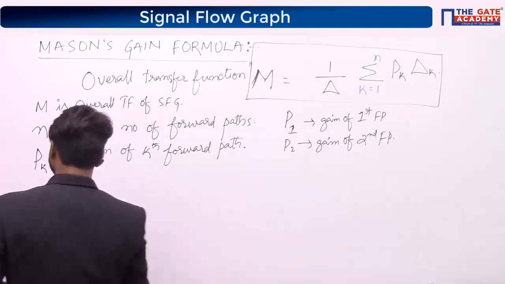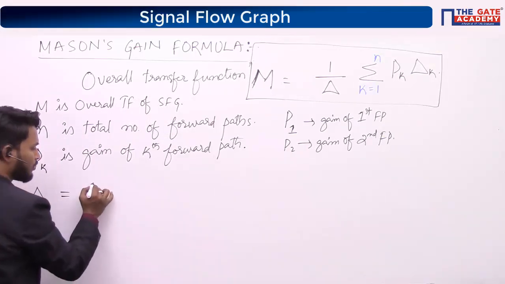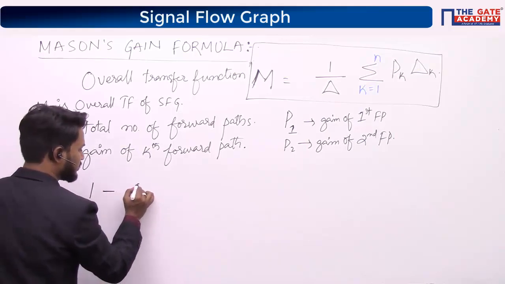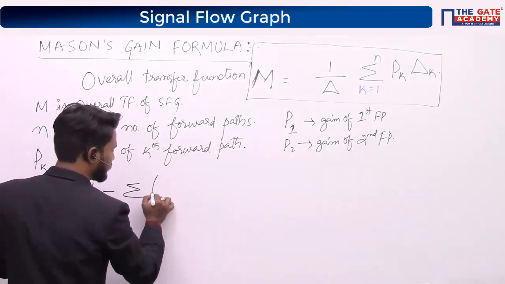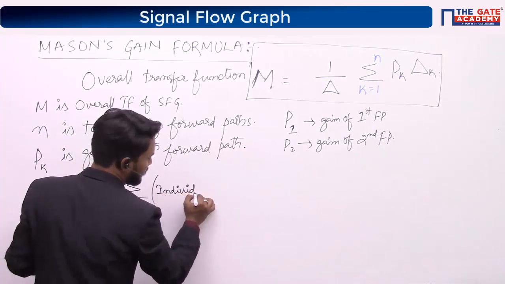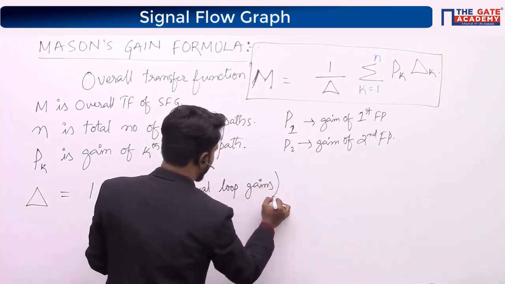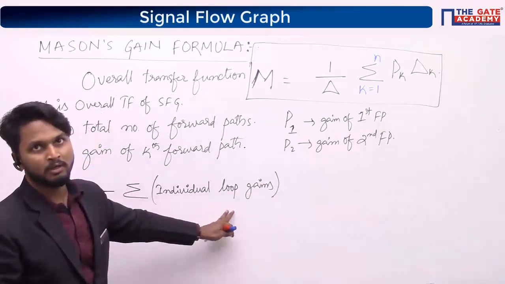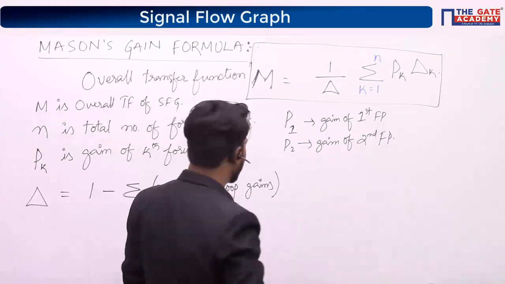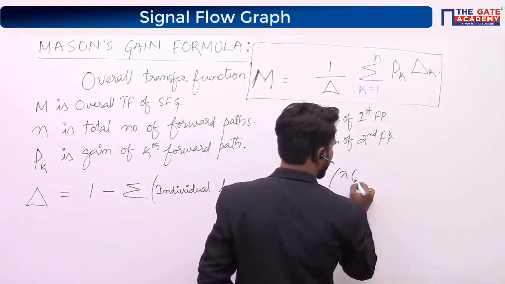So let us look into what is delta. Delta is equal to 1 minus summation of individual loop gains, plus summation of product of non-touching loop gains taken two at a time.